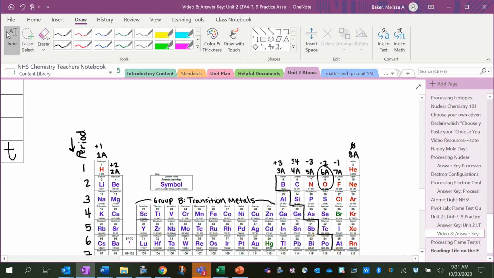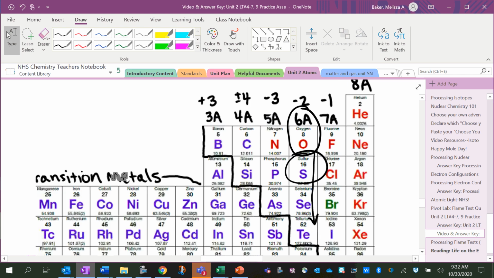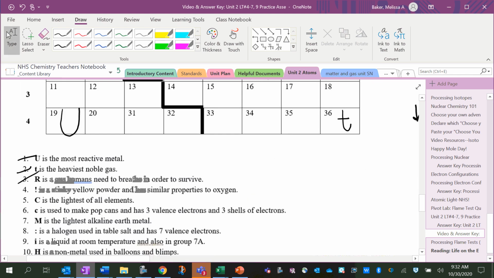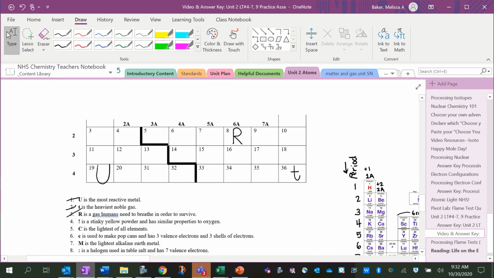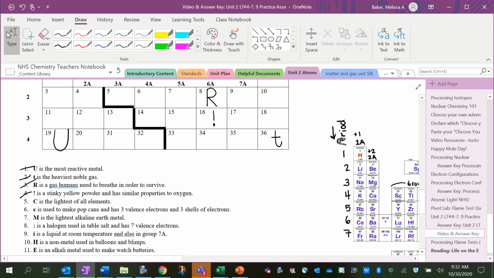Okay, let's look at oxygen. So it would be in the same group. Ooh, that sounds like sulfur. I've heard of that. Sulfur is very smelly, like rotten eggs, and it is a yellow powder. So we're going to put an exclamation point on number 16.